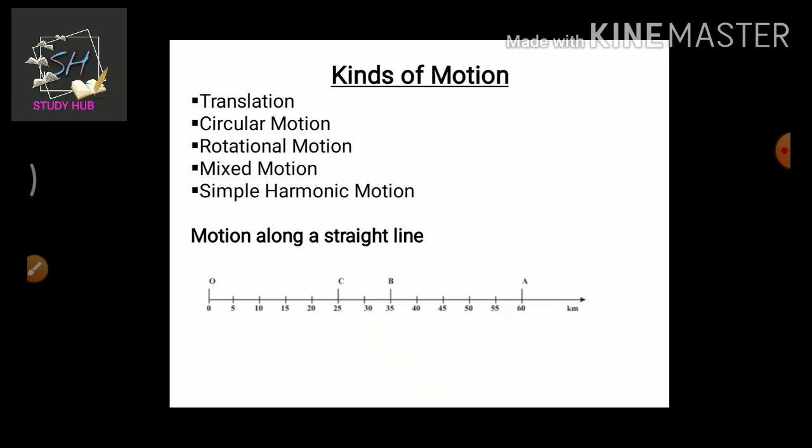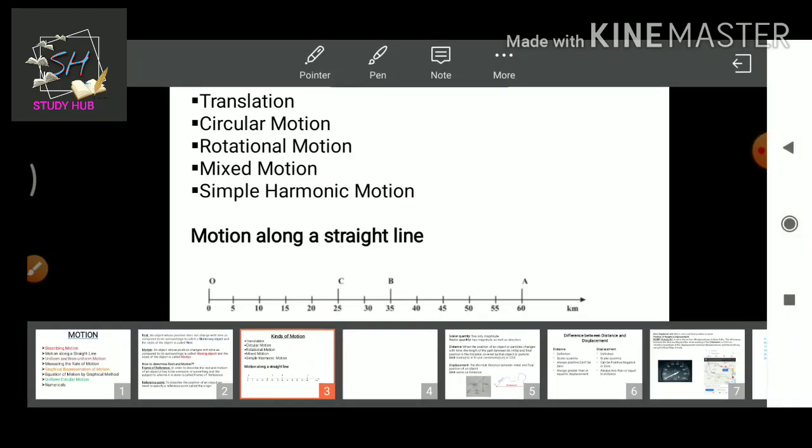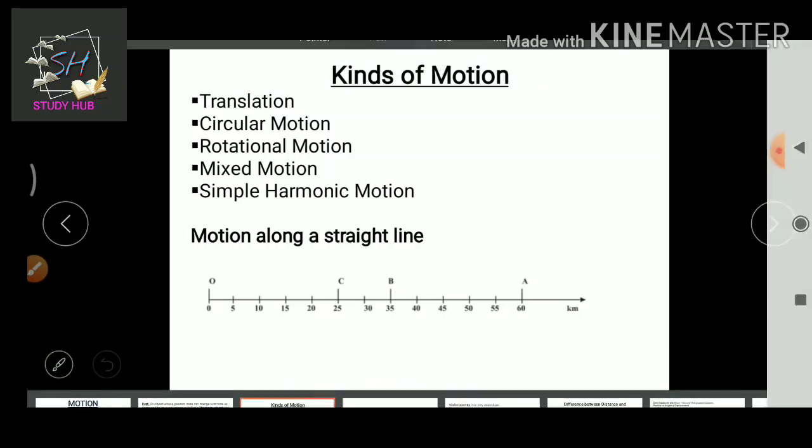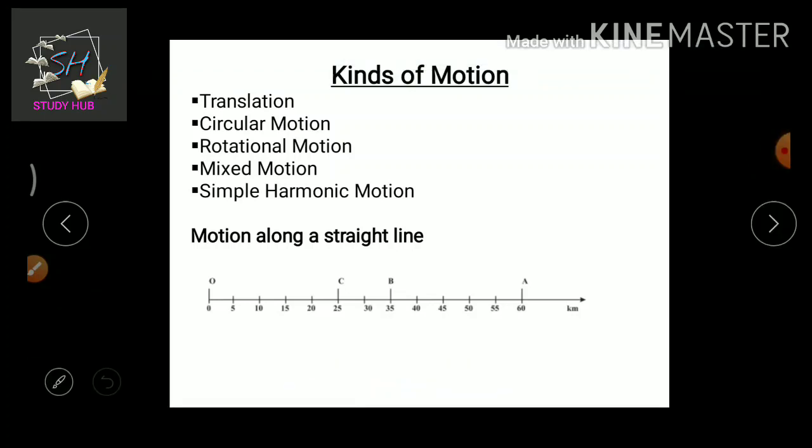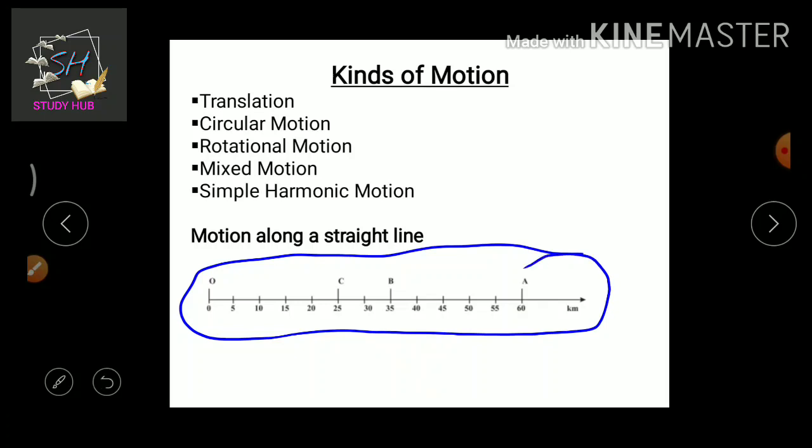So here you can see a picture or a diagram like a number line. This diagram is taken from NCERT books.